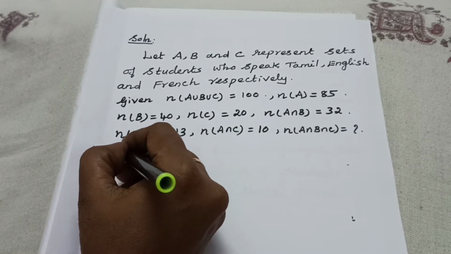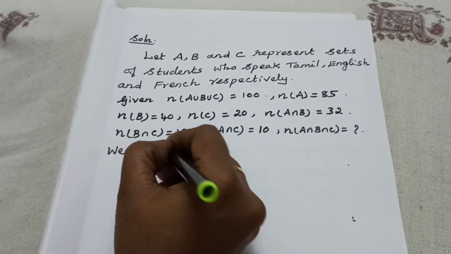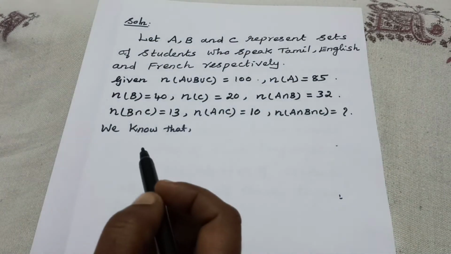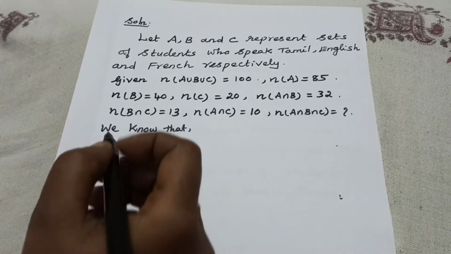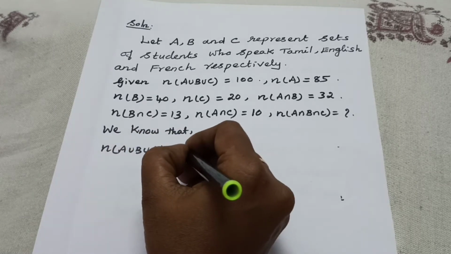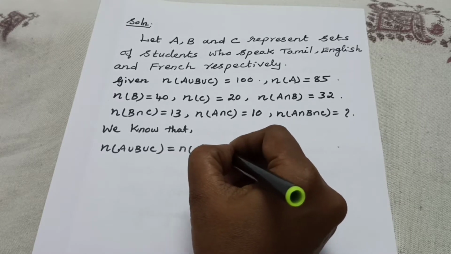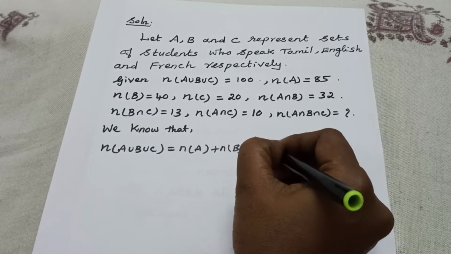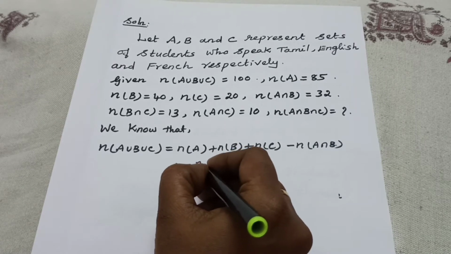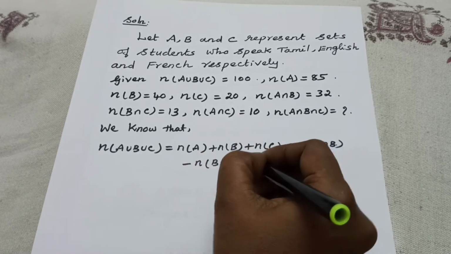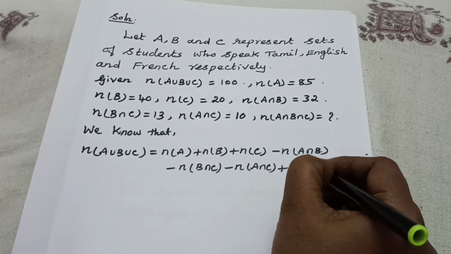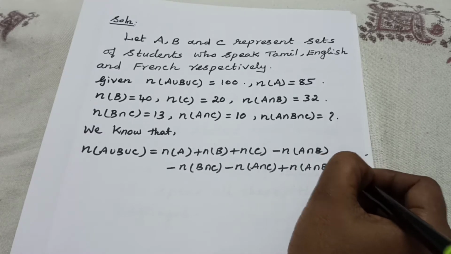We know one formula, isn't it? Three sets are given, so which formula do we know? N of A union B union C is equal to N of A plus N of B plus N of C, minus N of A intersection B, minus N of B intersection C, minus N of A intersection C, plus N of A intersection B intersection C. Very good.